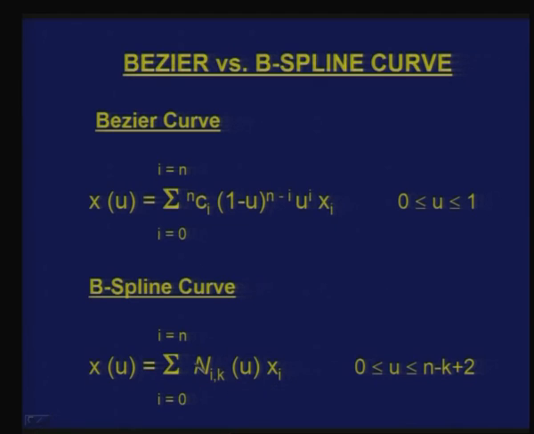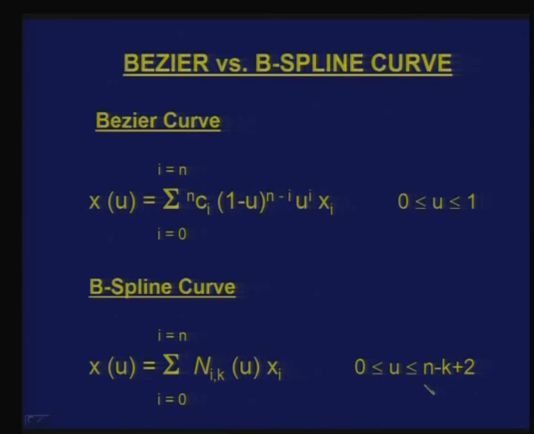But the function we saw in the case of Bezier, which includes nCi, 1 minus u to the power of n minus i, into u to the power of i, is called a Bezier basis function. Nik, which is shown here and is also a function of u, is called a B-spline basis function. Its definition is different from that of the Bezier basis function.